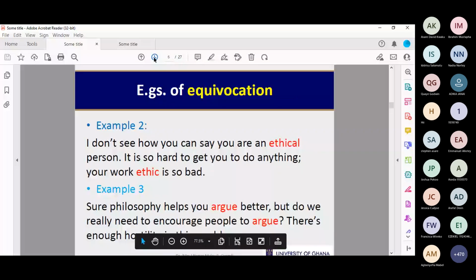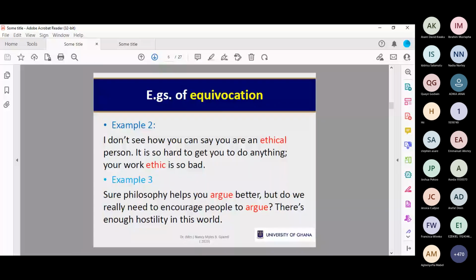You see a lot of them in your Unit 3 discussion. If you are looking at the slides for Unit 3, I don't know how I presented it. Maybe I put it in the faith lecture or something. But see, ethical and ethic, argue and argue. I told you can argue and it's a positive quality. You can argue and it will be an exchange of words, and that's not positive.